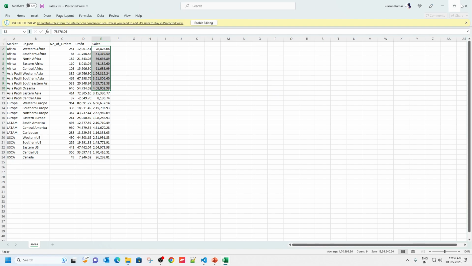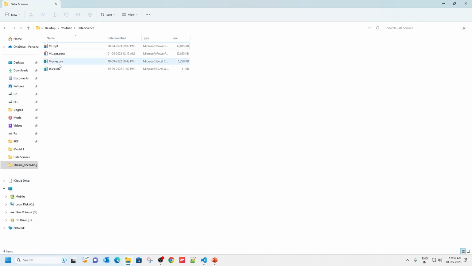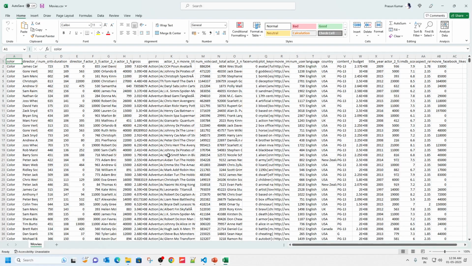Another example you can take: suppose I have movies data. It's a huge data set with multiple things in it, and using data science, we can easily identify patterns in this data.